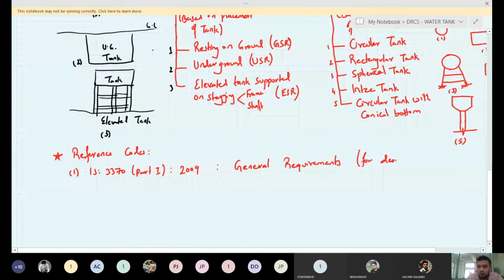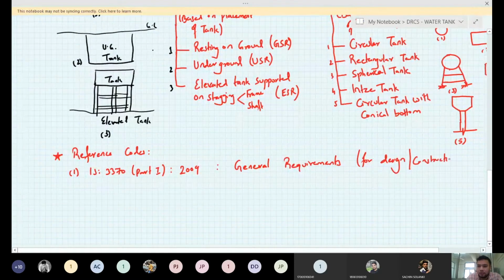For design and construction of liquid retaining structures.